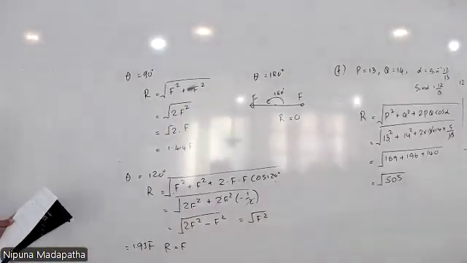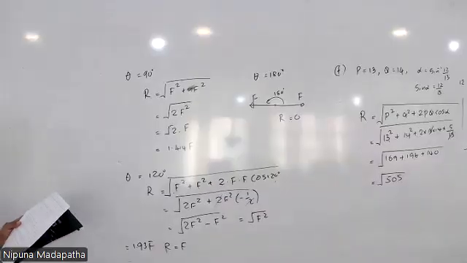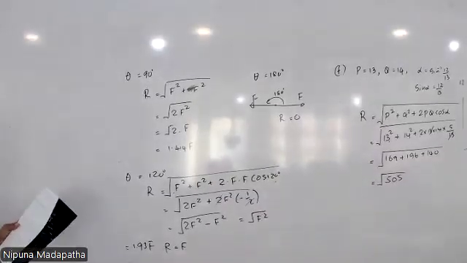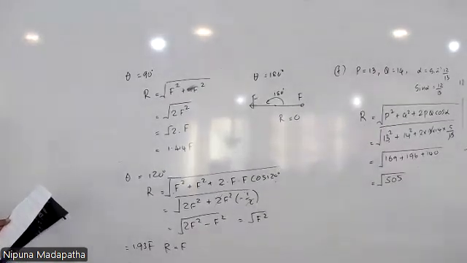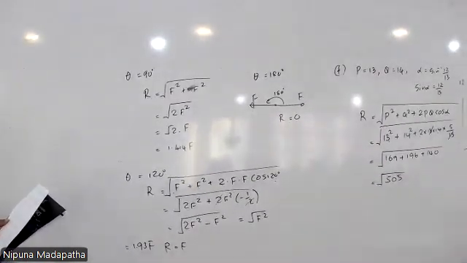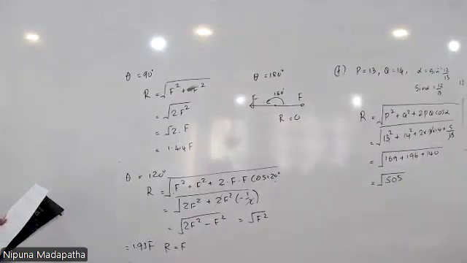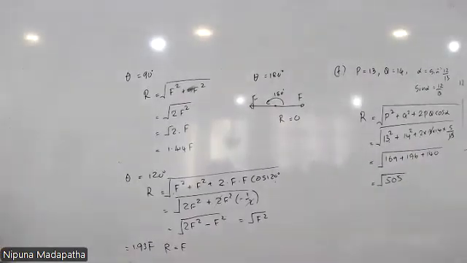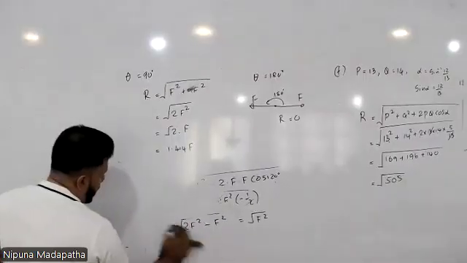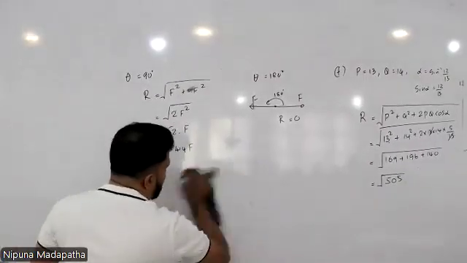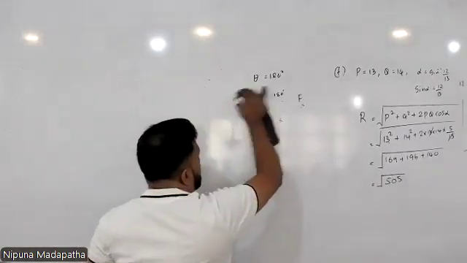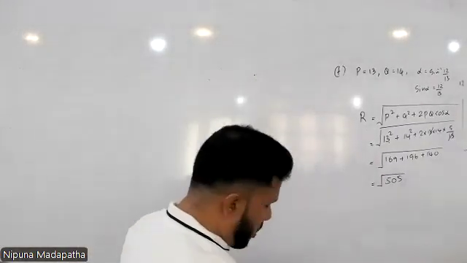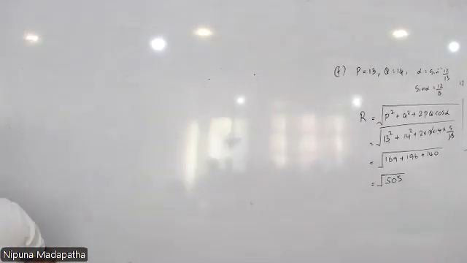For example, in part A, F1 is 1000 and F2 is 1500. The resultant is towards the F2 force, since F2 is to the left. The resultant is 500. It is simple. Now question number 5.